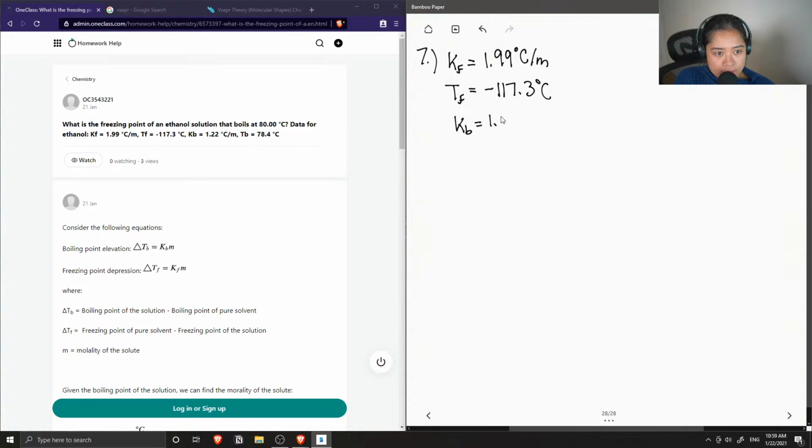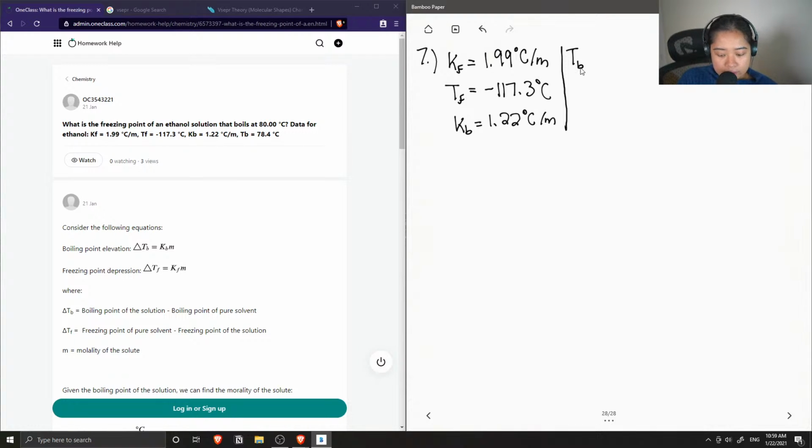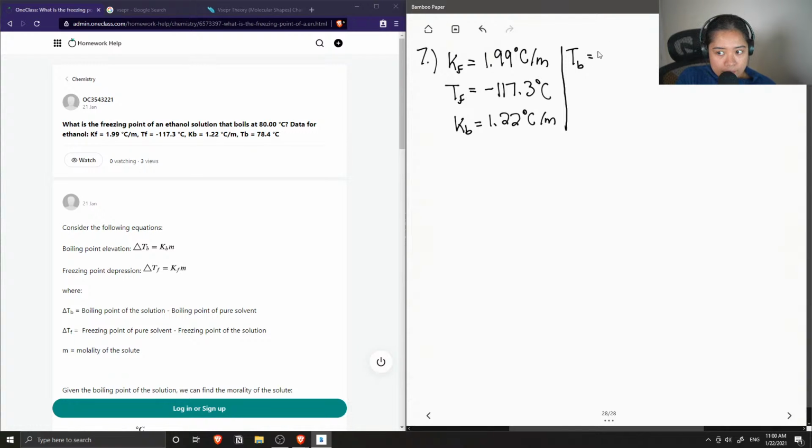Kb and the boiling point of the pure solvent. So step 1 is to find the molality, which is M.